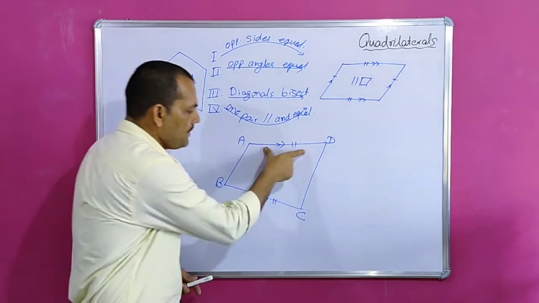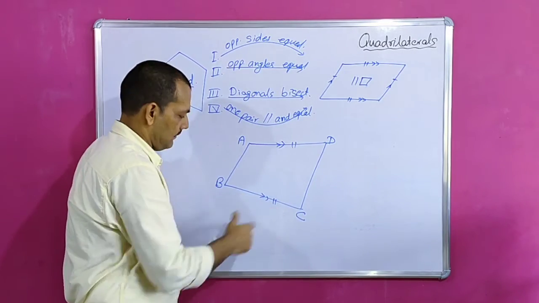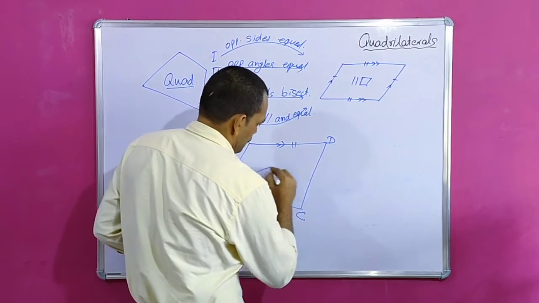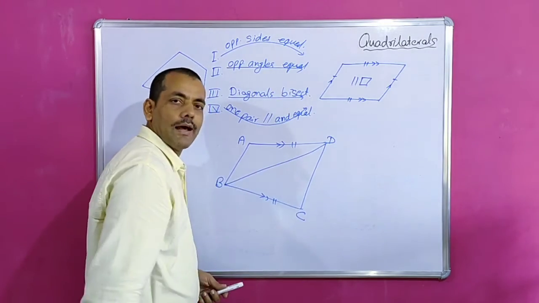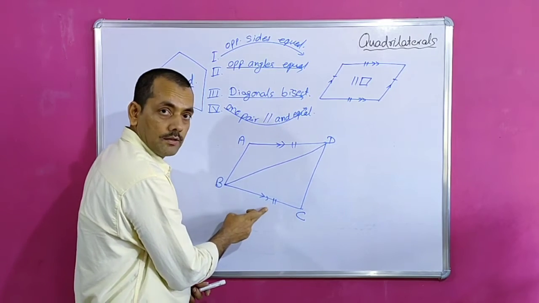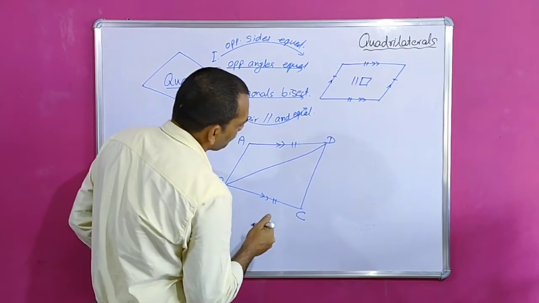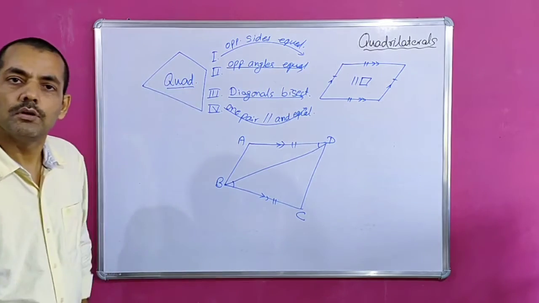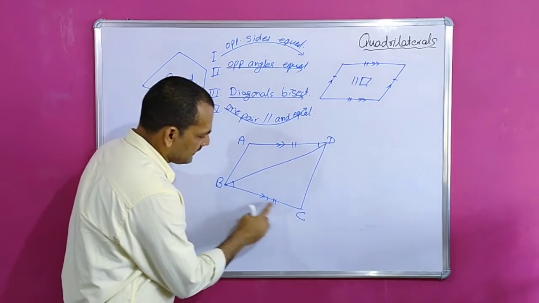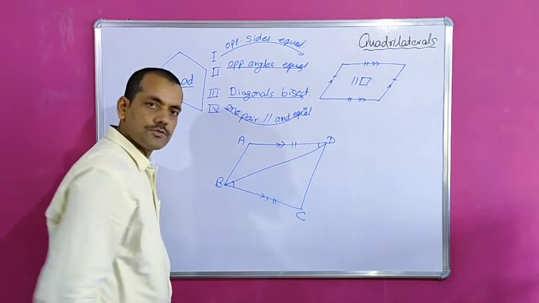So if AB and CD are both parallel, just draw a diagonal. If these two are parallel lines, this angle is going to be equal to this. Why? Because of this line and the parallel lines, alternate angles.